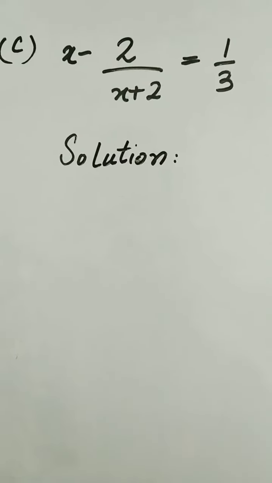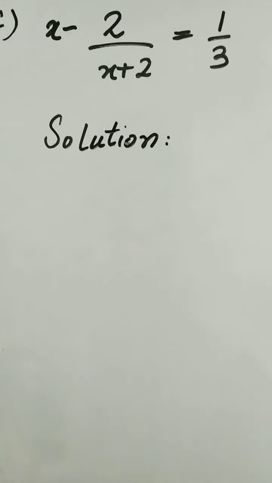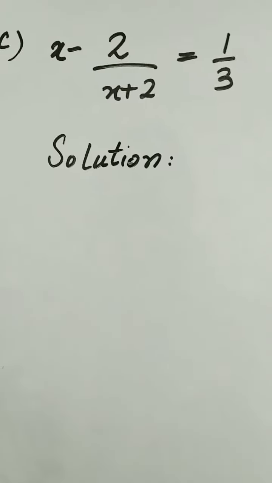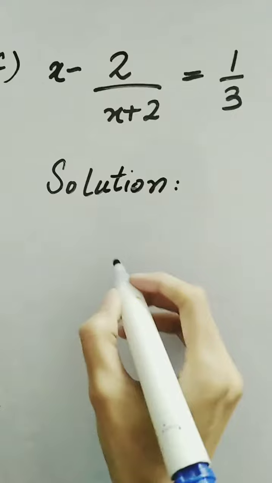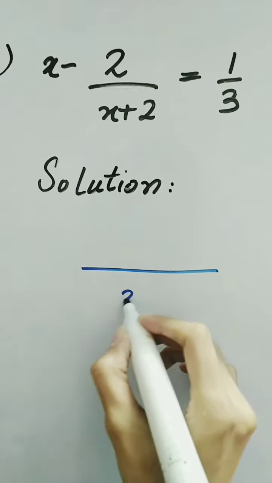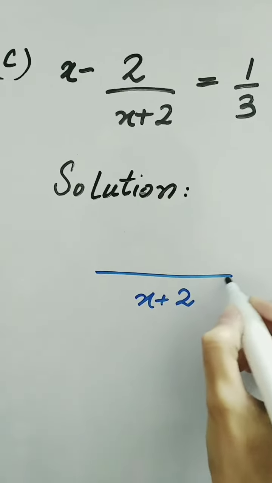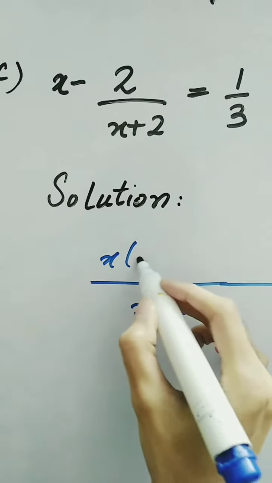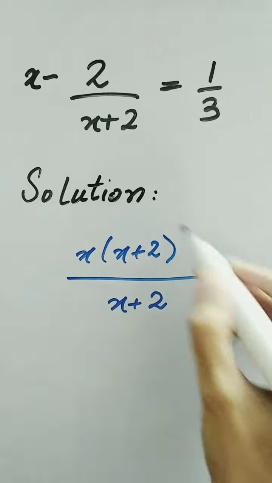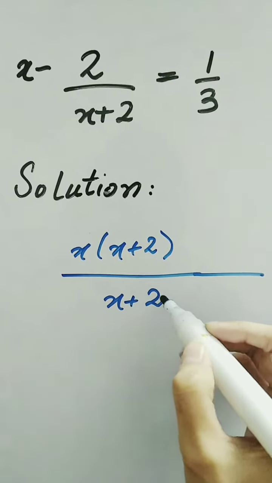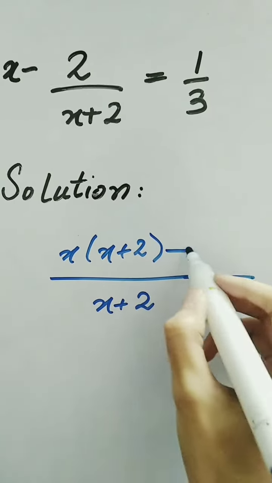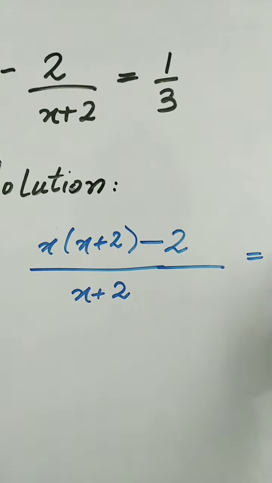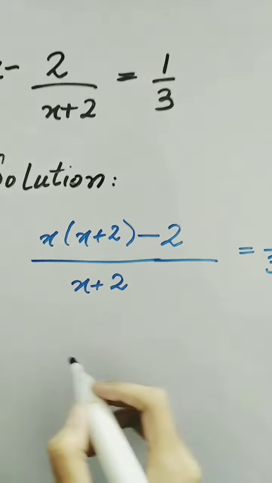Now look at another question here, which is x minus 2 over x plus 2 is equal to 1 over 3. Here, we first take the LCM on the left hand side, x plus 2. This x plus 2 gets multiplied with this x, and x plus 2 with 1 is equal to x plus 2. So this 1 multiplied by 2 remains as 2, is equal to 1 over 3.